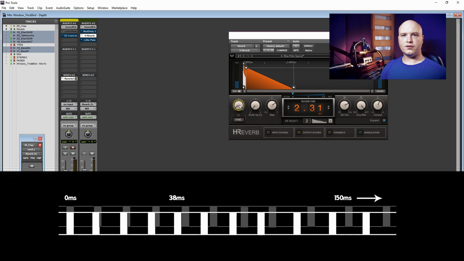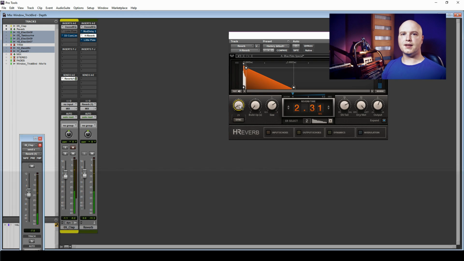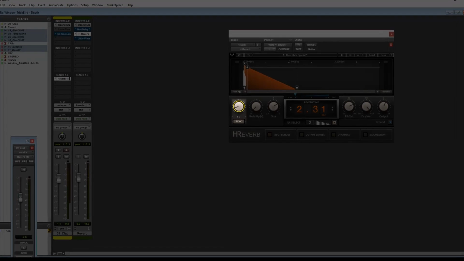Reverbs usually detach from the direct sound beyond 38 milliseconds.